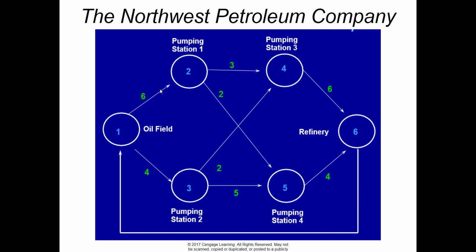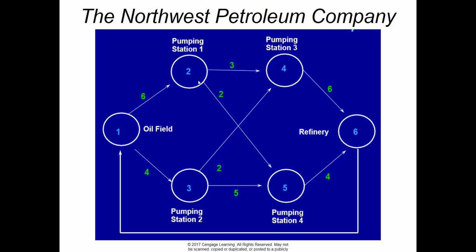And then we have the capacity, because x12 at maximum can be 6, but the minimum one is 0, right? We have the option that we do not use this pipeline. So x12 has a maximum of 6.